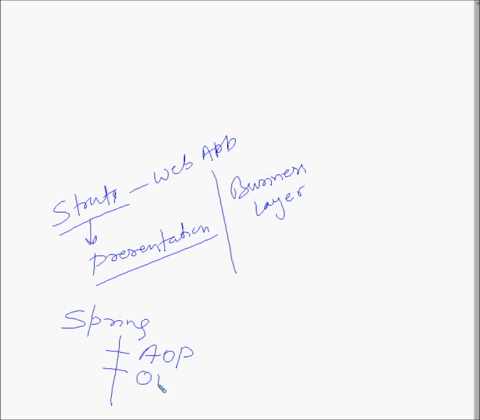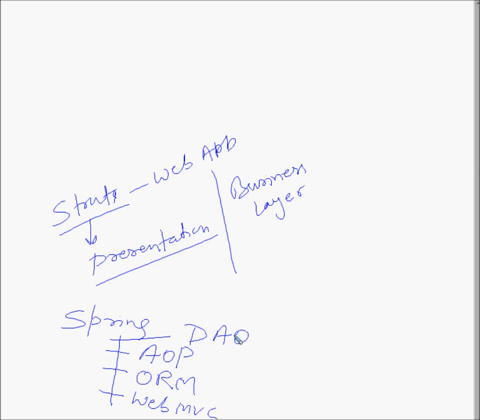Second, it has support for ORM, object relational mapping, right? And it has support for Web MVC. We can implement model view controller based web applications. It has support for DAO. It has support for Webflow, something like that. And there's Spring context, several sub frameworks.